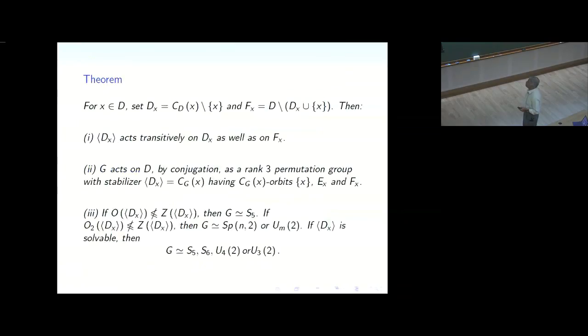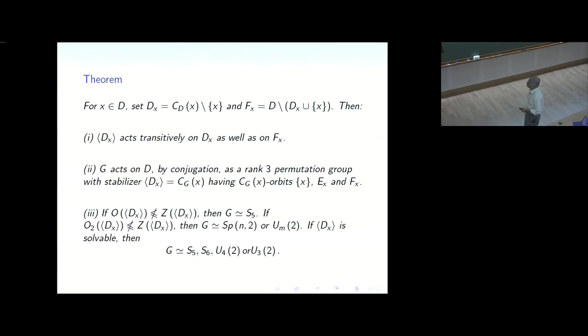For x belonging to D, D_x is this, F_x is this, then D_x acts transitively on D_x as well as F_x. That is actually transitive. This group G acts on D by conjugation as a rank 3 permutation group, and its 3 orbits are as described here.